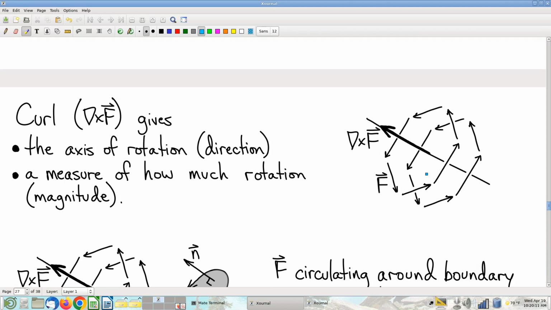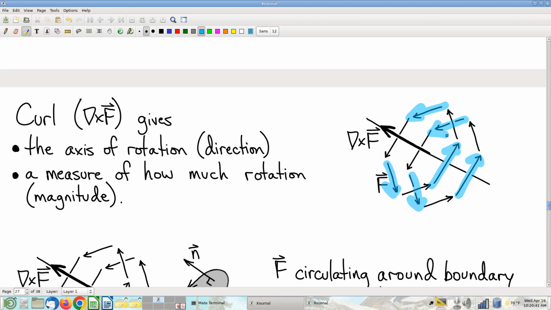So here's a picture of that. I'm trying to make a little sense out of this following. But let's suppose you have a vector field like so, right? It's kind of rotating around like this. It's not a purely vertical rotation around a horizontal axis, and it's not a purely horizontal rotation about a vertical axis. It's kind of at an angle, right?